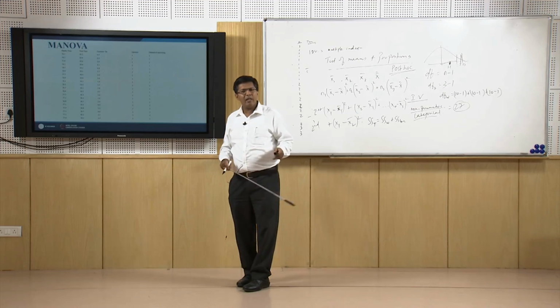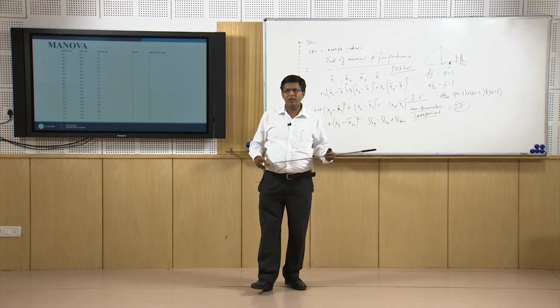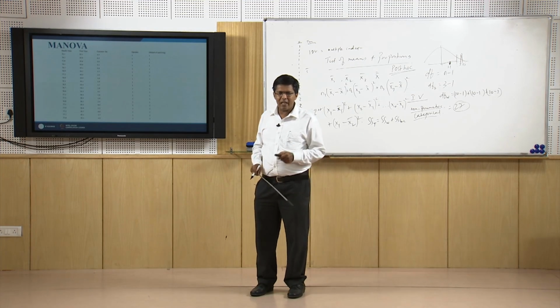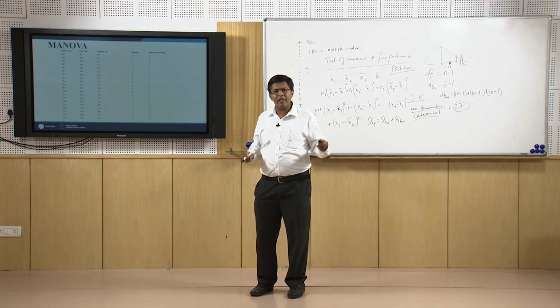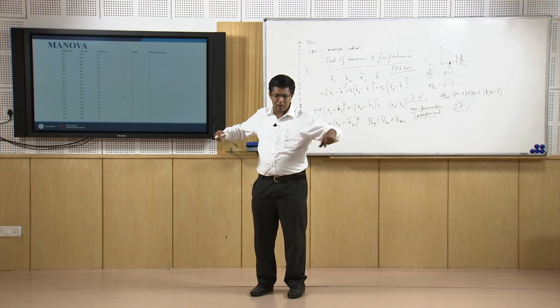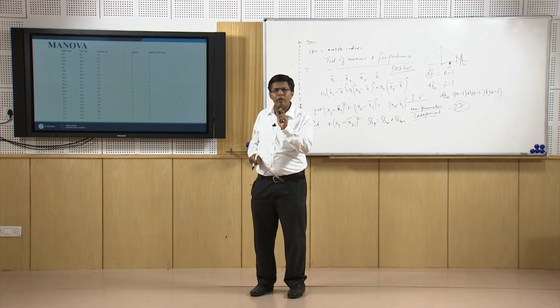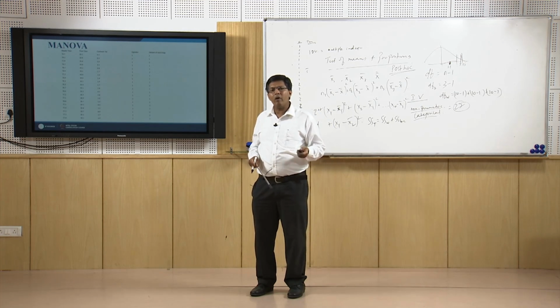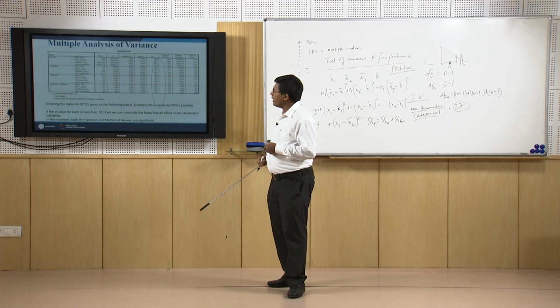So, again we are doing the same thing that we were doing in the case of the t-test, right. In such conditions the combinations will increase, and the more repetitions you do individually, the errors will go on increasing. So, MANOVA becomes a very good technique.